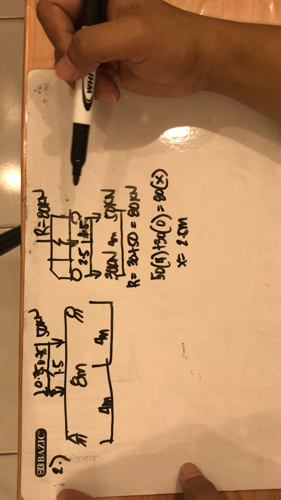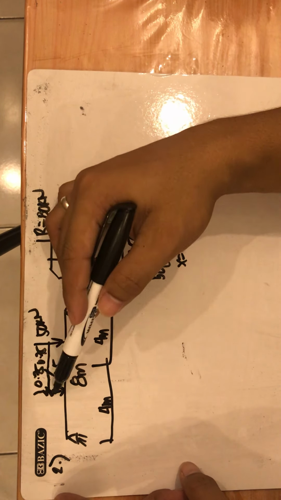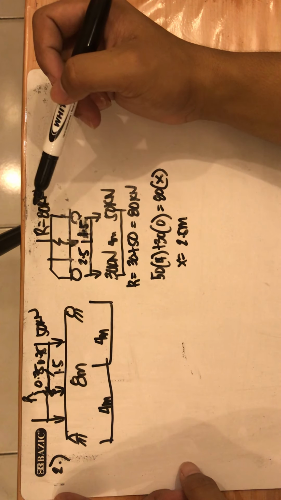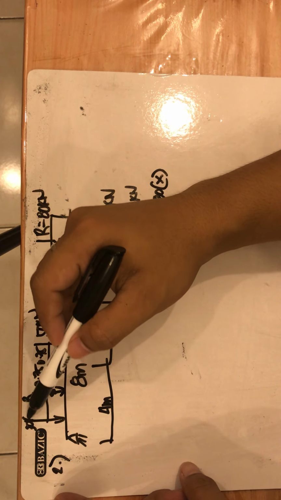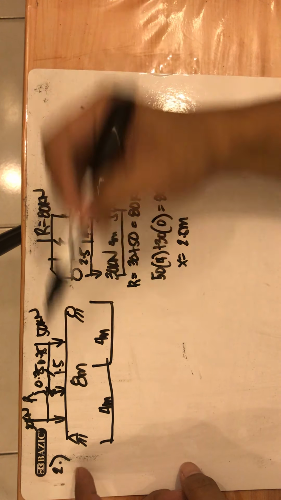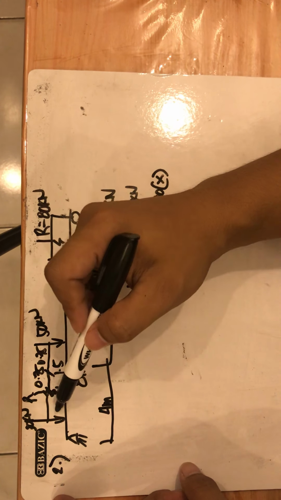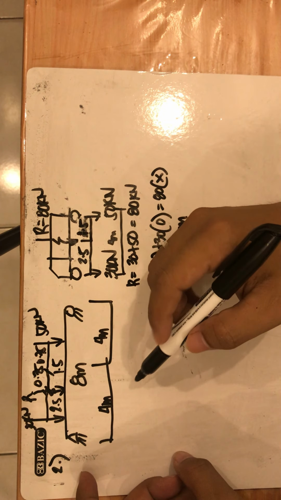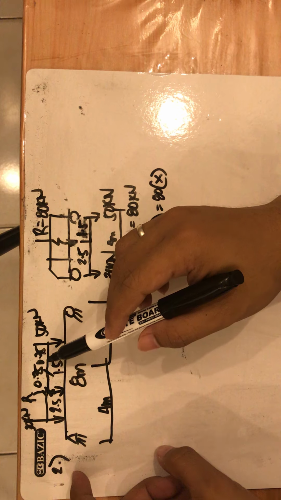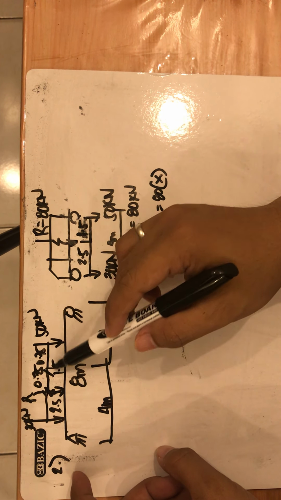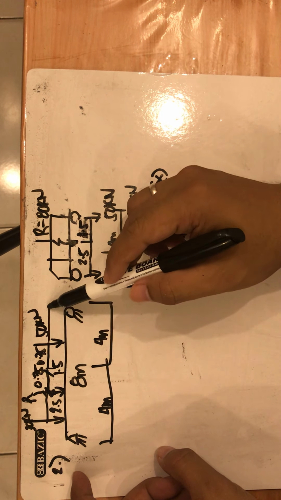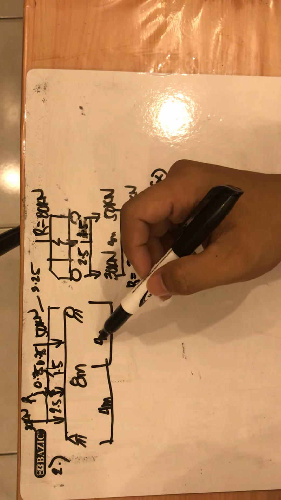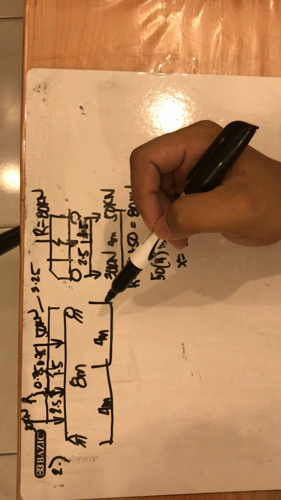Then next, from the resultant, the distance from the front wheel, equivalent to 30 kilonewtons, is 2.5. So, if this is 0.75 at the middle, what is the value of this? This is equivalent to 3.25, which is 4 minus 0.75.